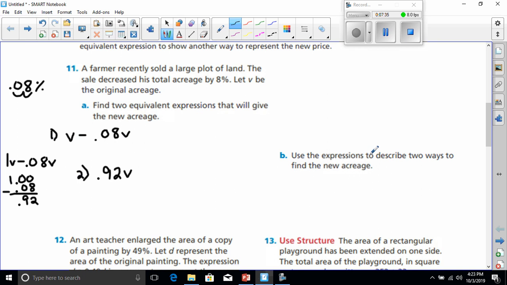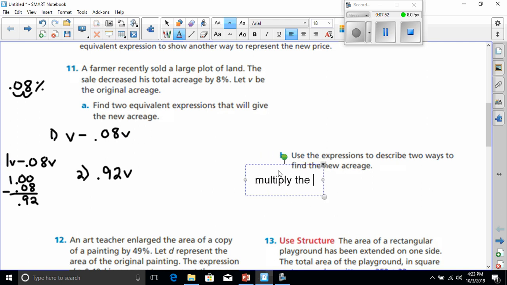B says use the expressions to describe two ways to find new acreage. I'm going to type this out because it'd be quicker. I could multiply V, whatever V is, by 0.92. That would get me my acreage.